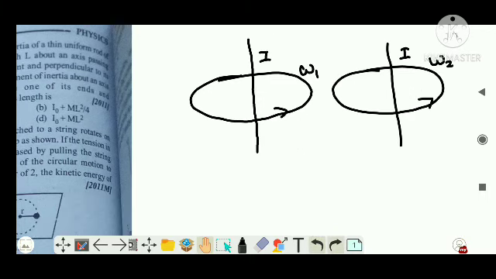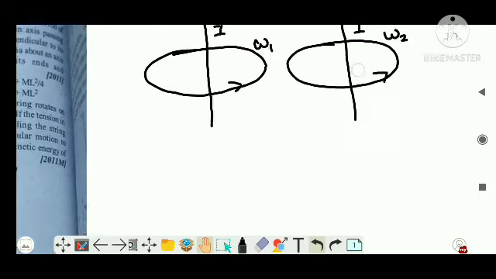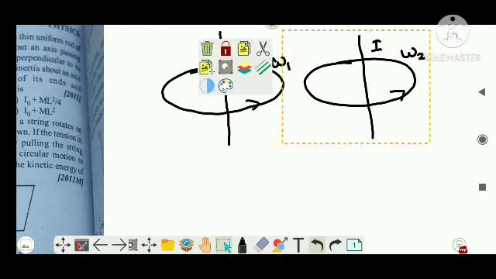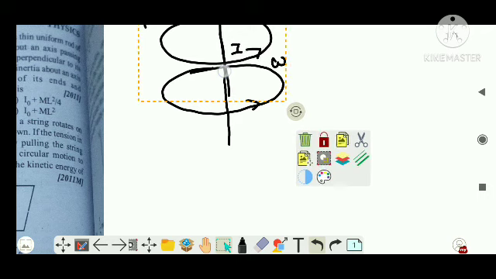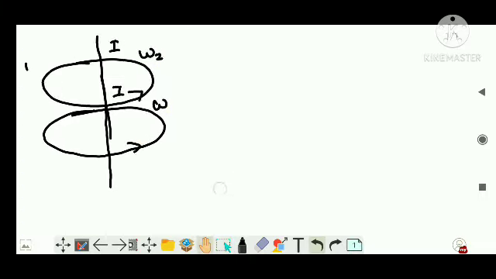Initially there was some kinetic energy which was different for these two. If one of them is brought in such a way that their axes of rotation coincide and they are facing each other, then what would be the loss in kinetic energy? I hope you understood the question. So how would you do this one?